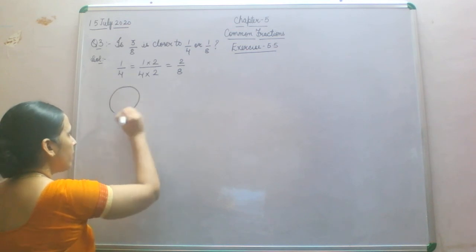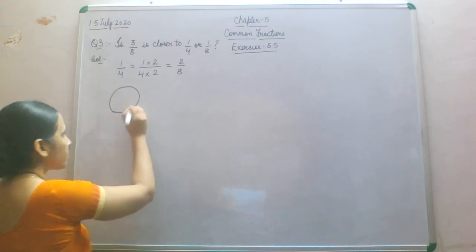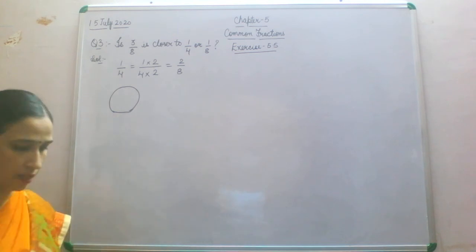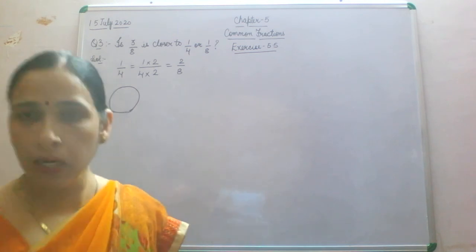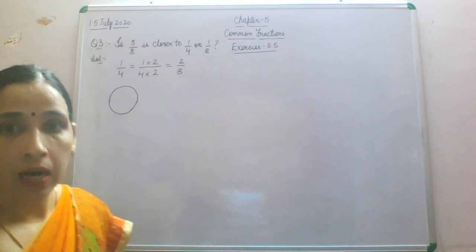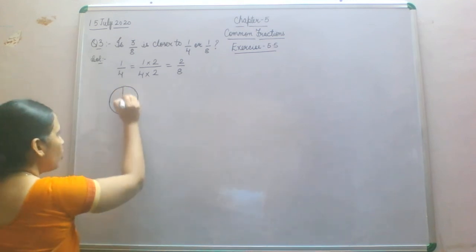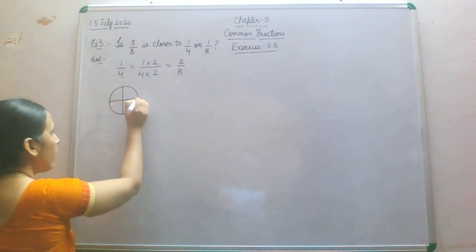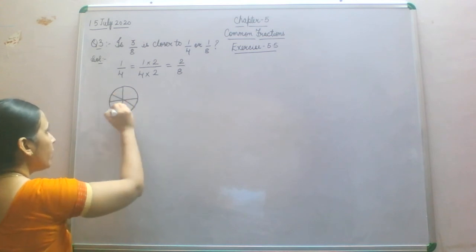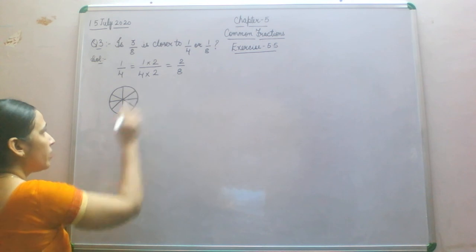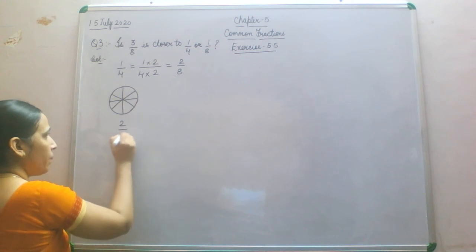How will we represent this 2 by 8? We will draw a circle and then we will divide it into 8 parts. And out of those 8 parts, how many parts are we going to shade? We are going to shade 2 parts to represent 2 by 8.